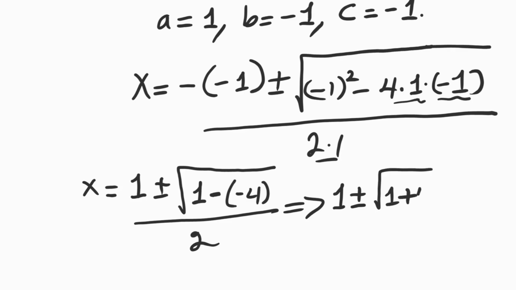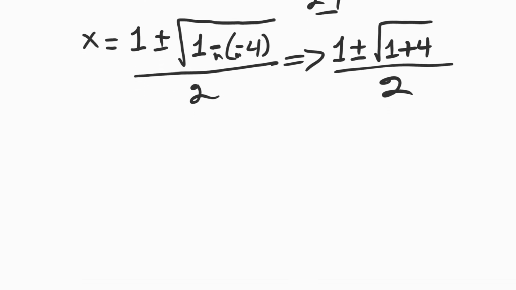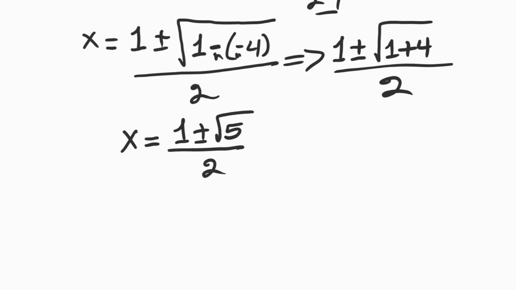This now becomes 1 plus 4, because minus times minus is equal to positive, divided by 2. X now is equal to 1 plus or minus square root of 5 divided by 2.